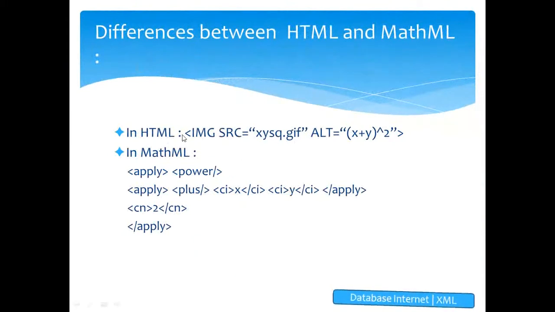In HTML, we can just declare the arithmetic operation we want to do. But in MathML, we use apply, like the start tag, and the power is two, because the operation first is power, so we declare it first, and then plus.